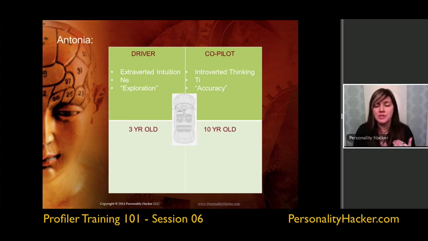And the reason why we have 10-year-old and 3-year-old is because we feel that that's approximately the age that most of them mature to. So your tertiary or your 10-year-old process is going to have a mirror opposite relationship with your co-pilot. The reason for this is what we call the cost of specialization.